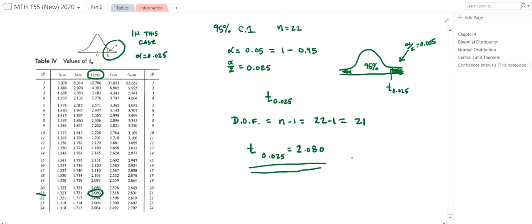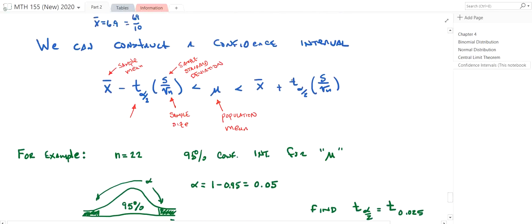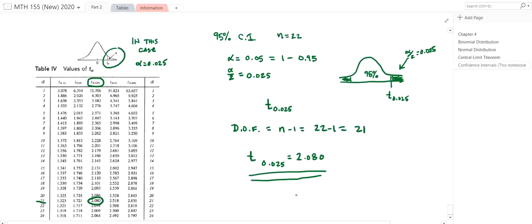So that t value, if we had a problem, would go in here instead of z. We put our t value in for that value. So that's how you use the t value. You'll notice the subscripts on the t's are only for a couple of different types of confidence intervals.